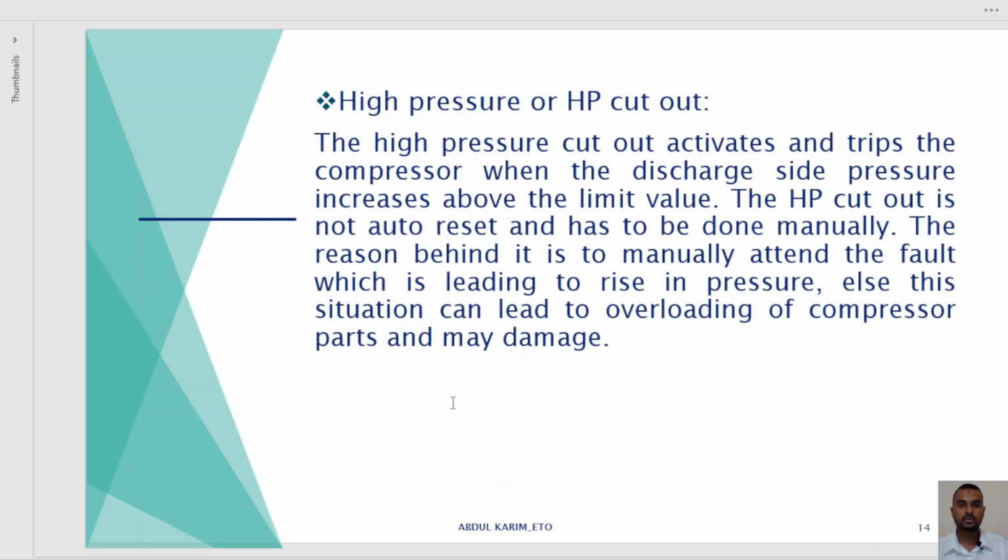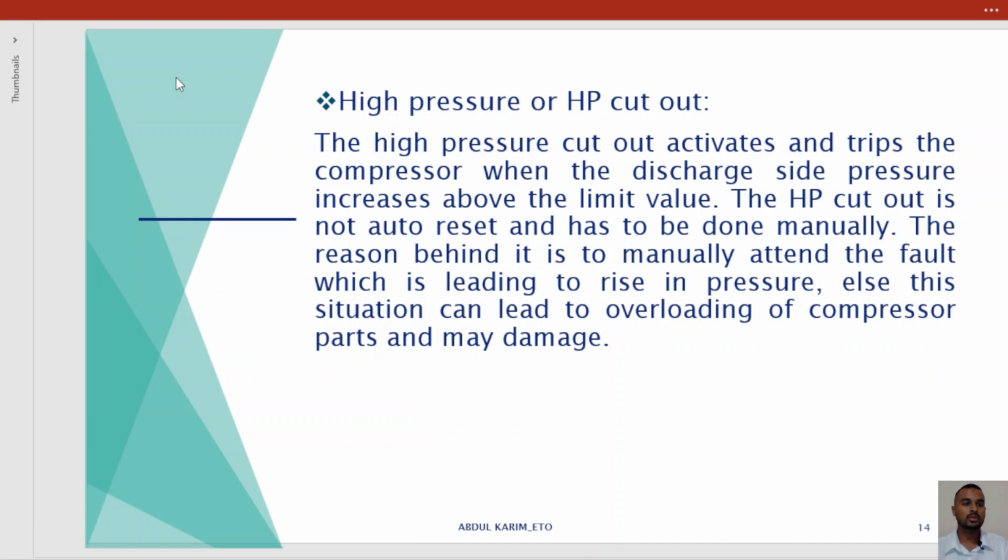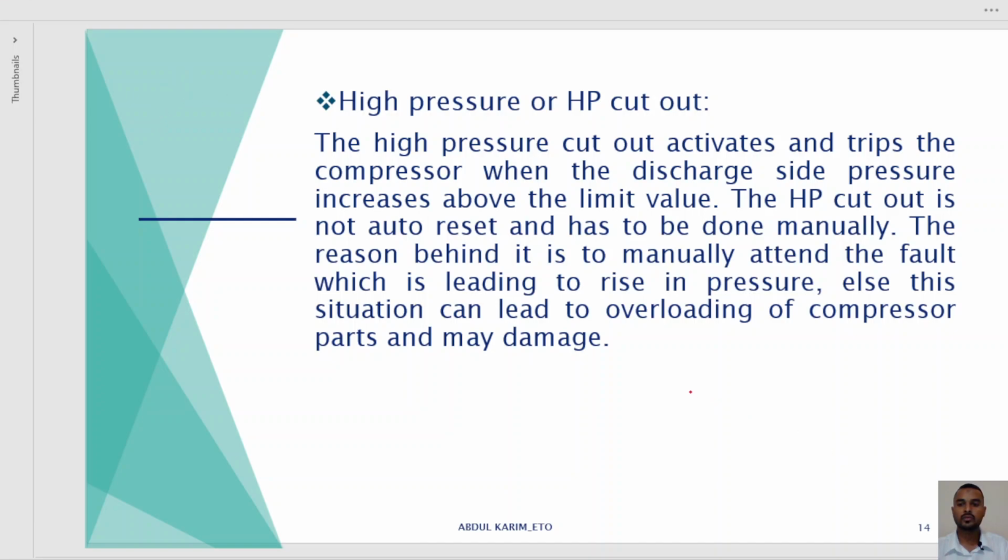Then the high pressure cutout. The high pressure cutout trips the compressor when the discharge side pressure increases above the limit value. What was the limit value? The limit value was 24 bar. If the discharge side pressure exceeds 24 bar, at that instant it just trips the compressor.